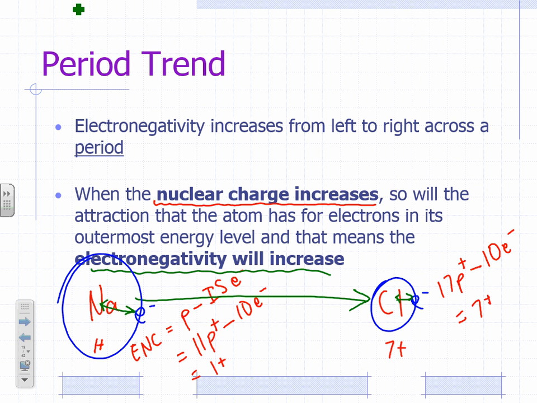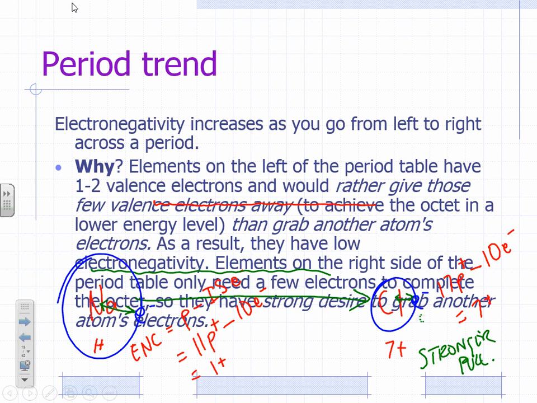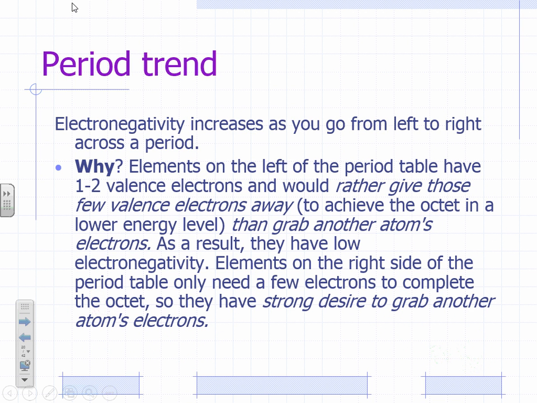So because these electrons here are closer, they're experiencing a stronger pull. So both the effective nuclear charge is increasing and the atomic radius is decreasing, and each of these factors results in an increase in the electronegativity. All right, electronegativity in summary increases as you go from left to right across the period.